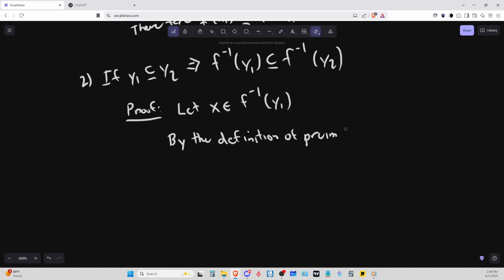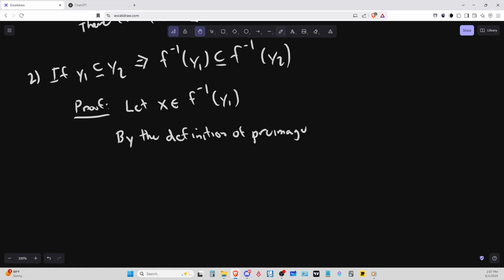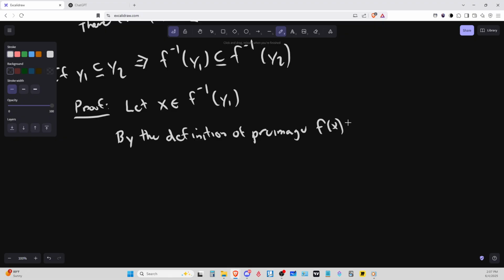Pre-image. Just drag this over here. f of x is an element of y1. So there exists a y which is an element of y1 such that f of x is equal to y.